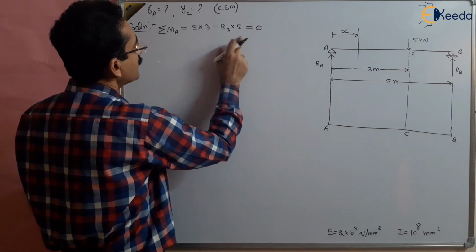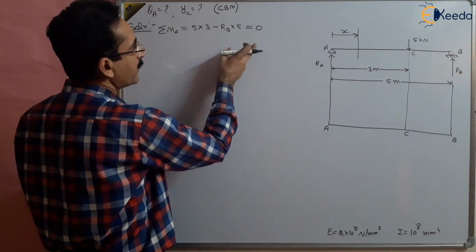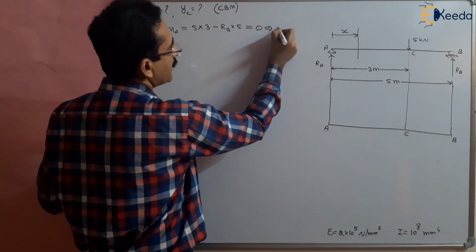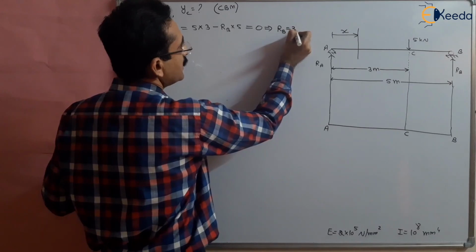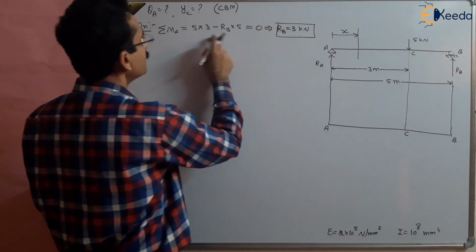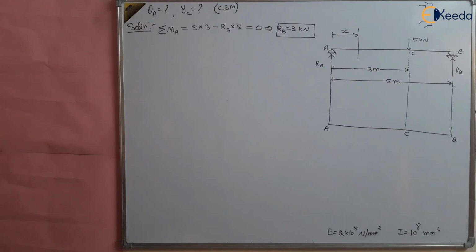Moment of all the forces about A equal to 0. So 5 into 3 minus RB into 5 equal to 0. From this, RB will be equal to 3 kilonewton. Solve it and you will get 3 kilonewton, right? So RB is 3 kilonewton.